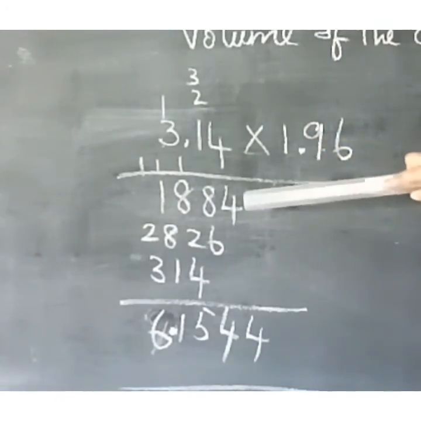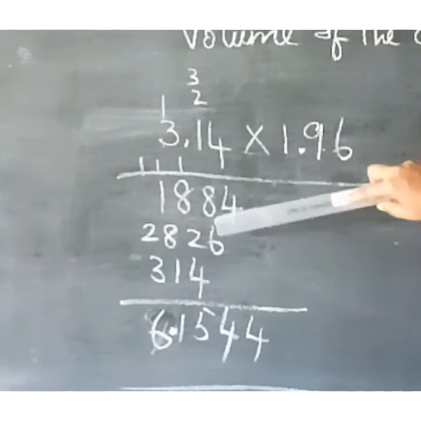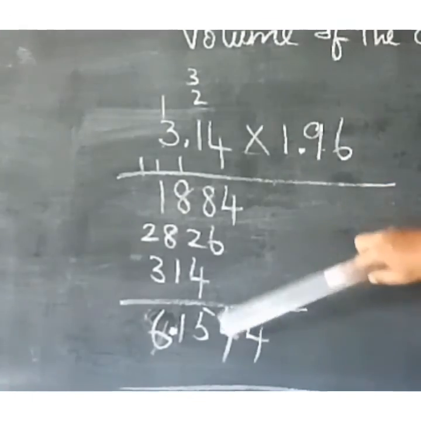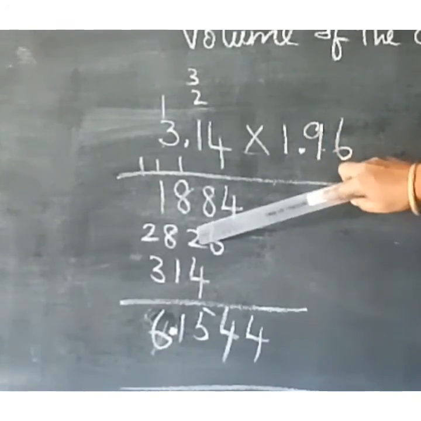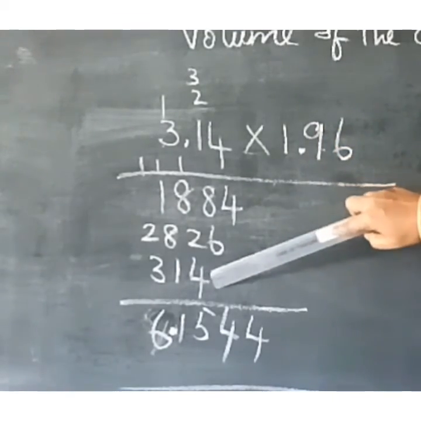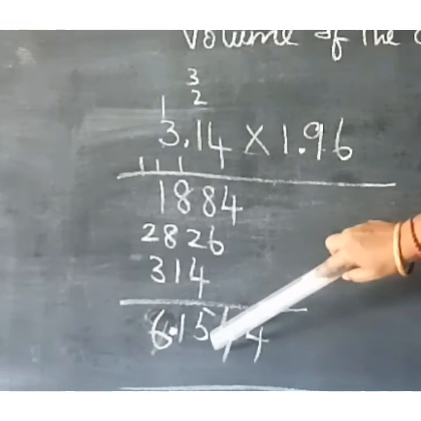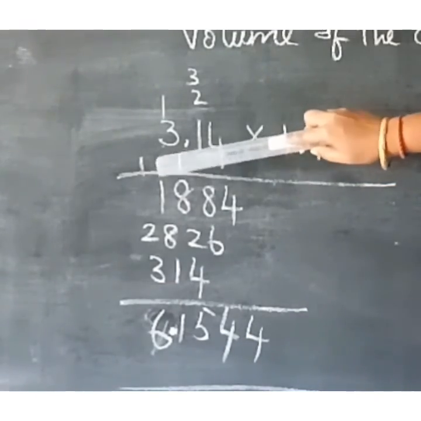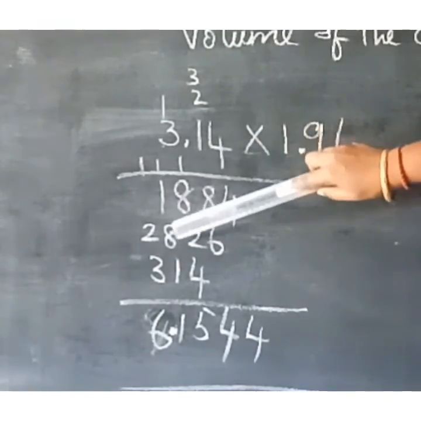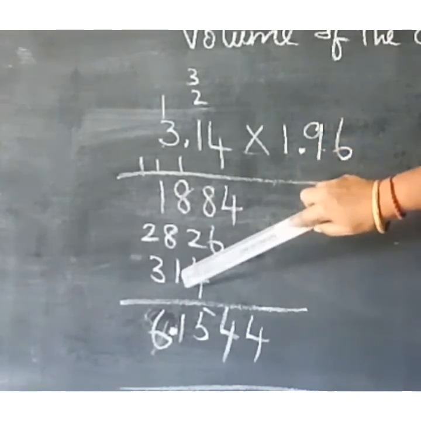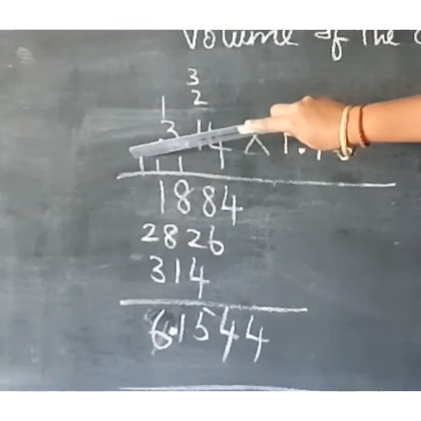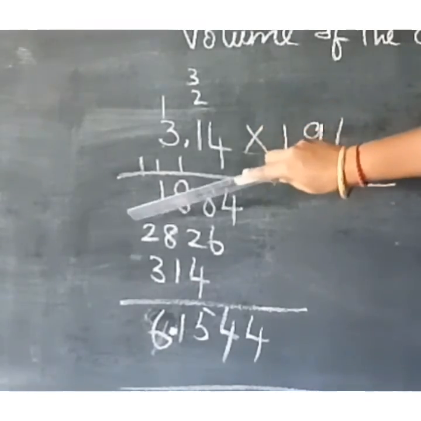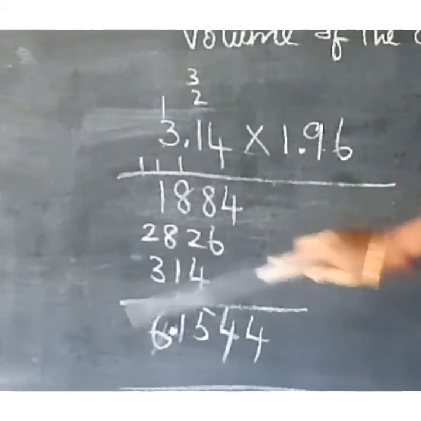So add all the values now. 4. 8 plus 6 is 14. Write 4. Remaining 1. 8 plus 1 is 9. 9 plus 2 is 11. 11 plus 4 is 15. Write 5. Remaining 1. 1 plus 1, 2. 2 plus 8, 10. 10 plus 1, 11. Write 1. Remaining 1. 1 plus 2 is 3. 3 plus 3 is 6.